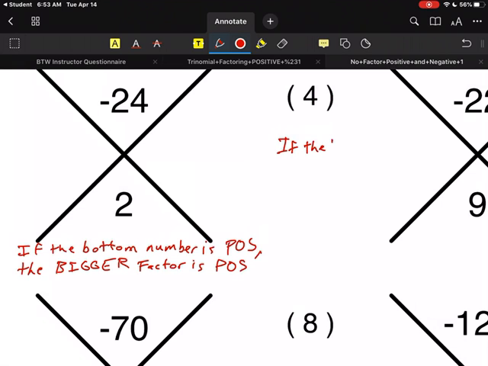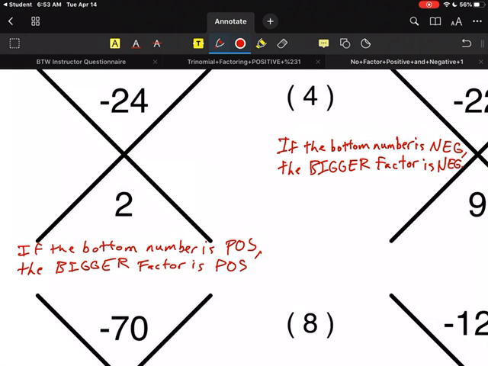If the bottom number is negative, well, what do you think? The bigger number, yes, you're right. The bigger factor is negative.